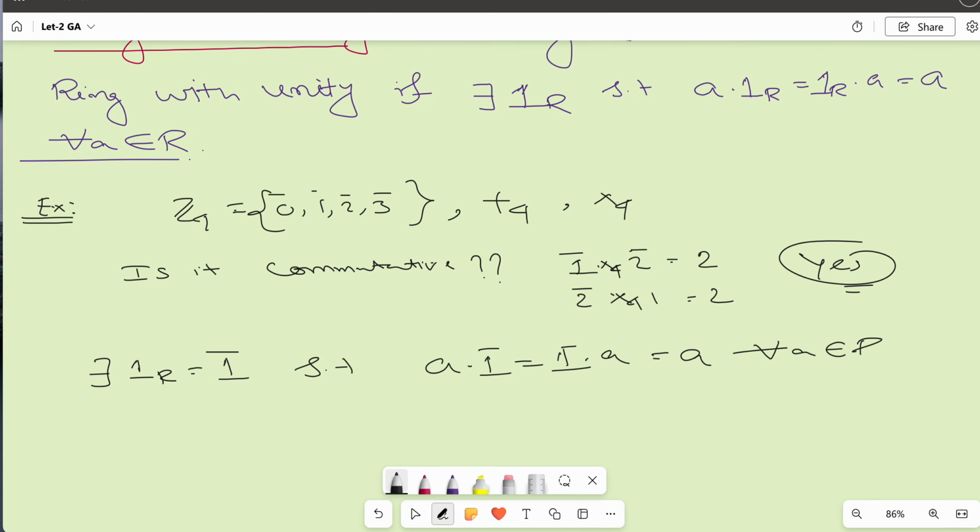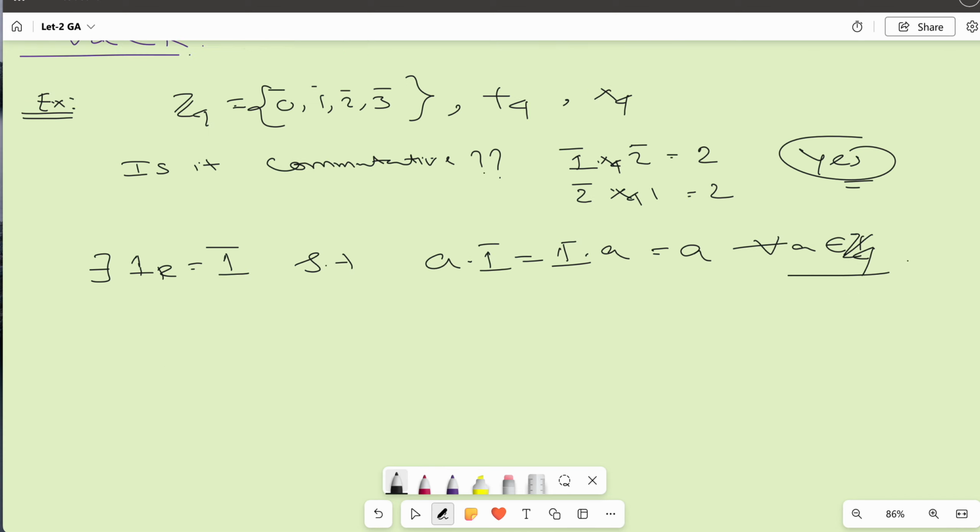So Z4 is called a commutative ring with unity. There exists unity, right? So this is a ring with unity as well as commutative. This is called a commutative ring with unity.